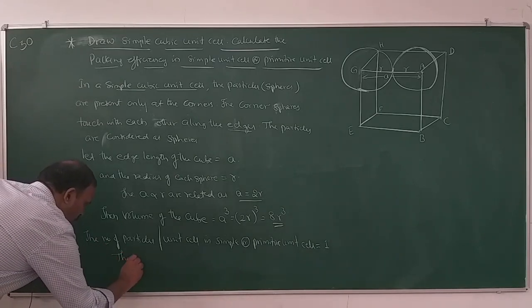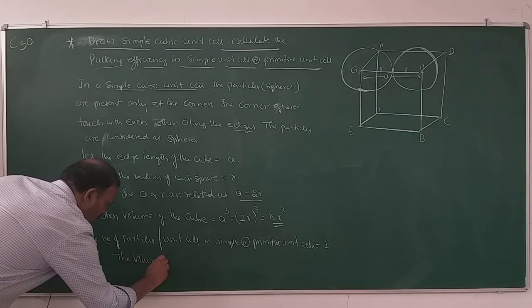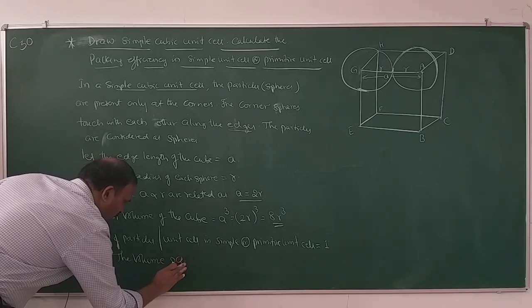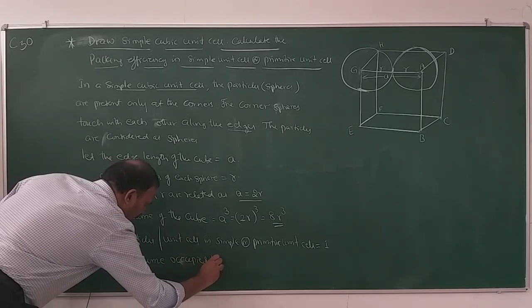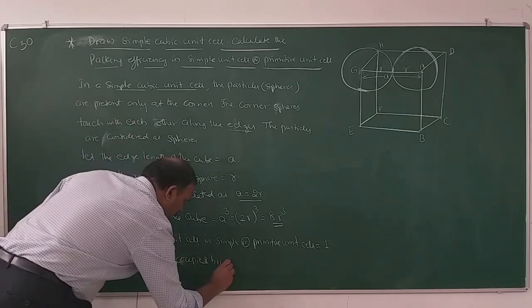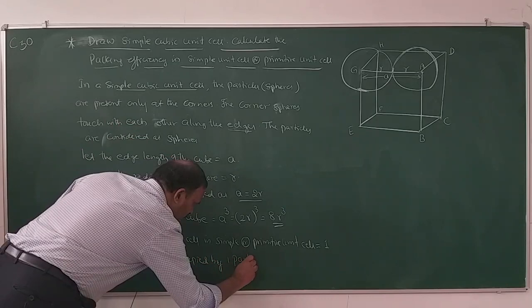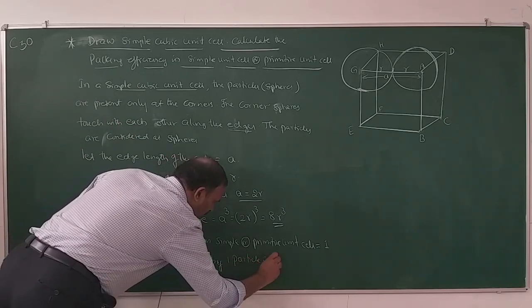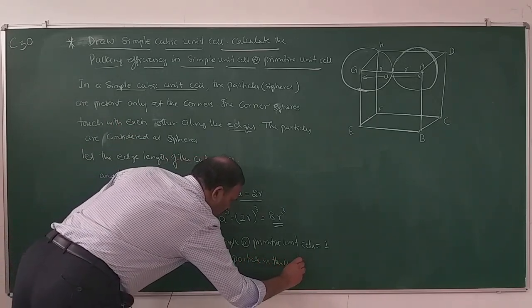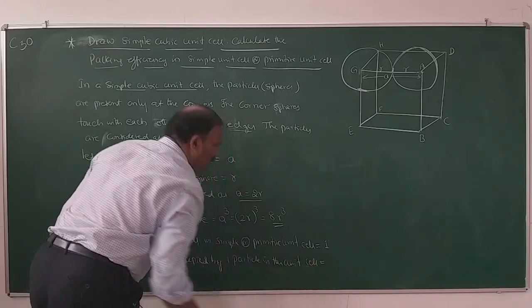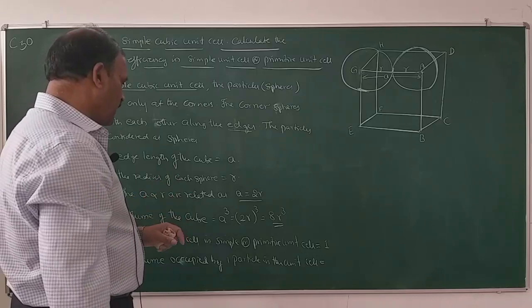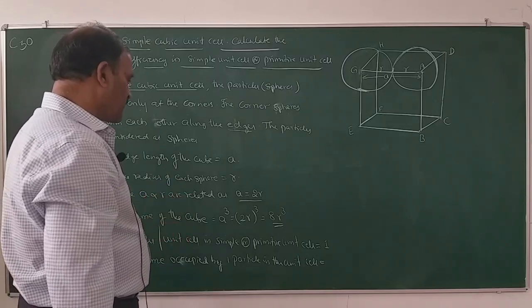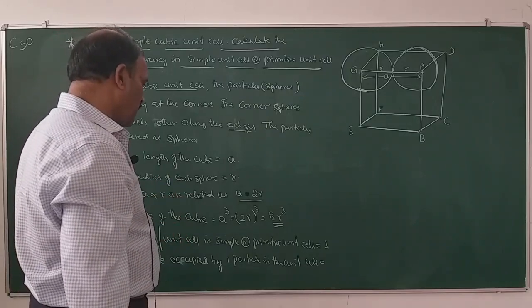Therefore, the volume occupied by one particle in the unit cell: each particle is considered as a sphere. What is the volume of the sphere? 4 by 3 pi r cube.